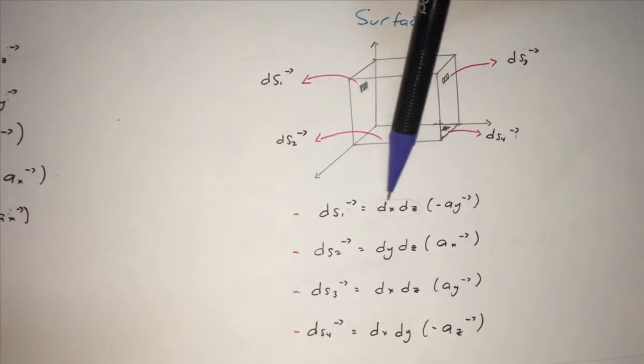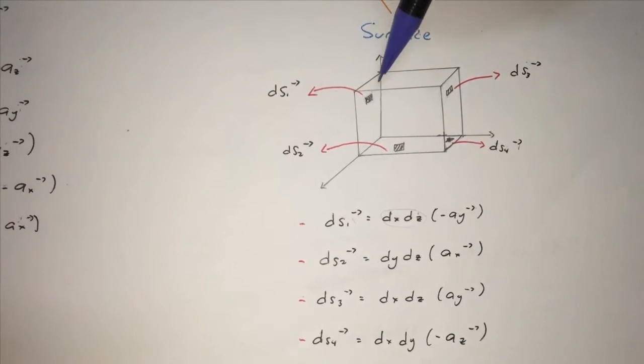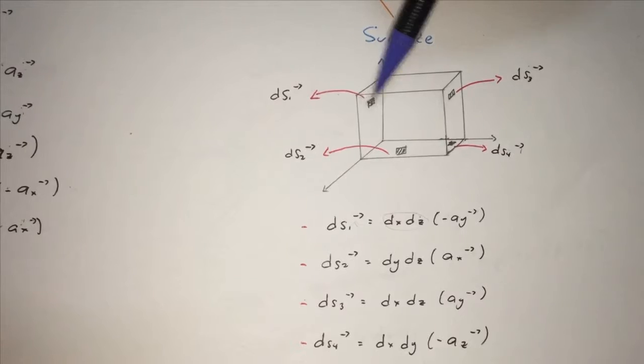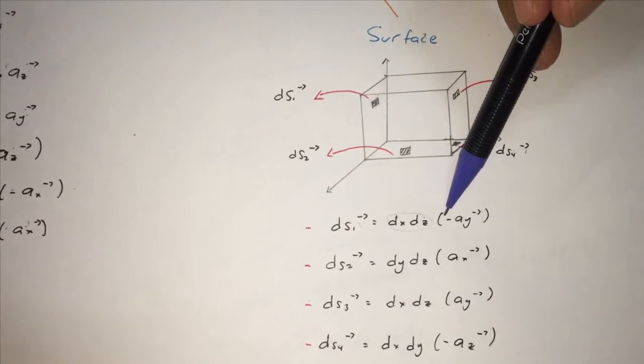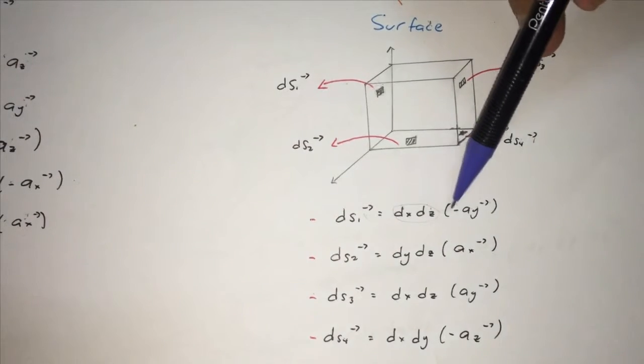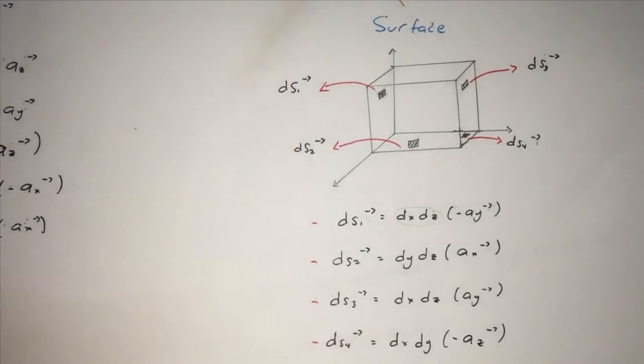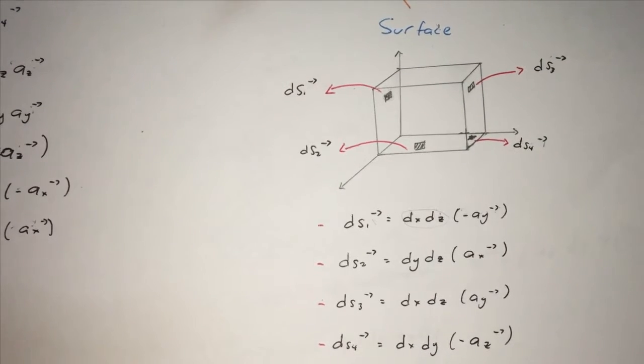We get dx, dz because this point is on y plane, so we call it ay direction. We get negative ay because this plane is on negative infinity.